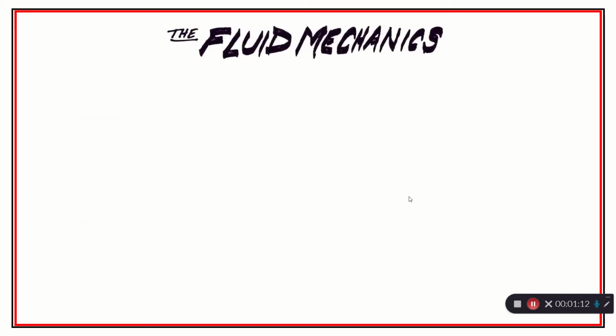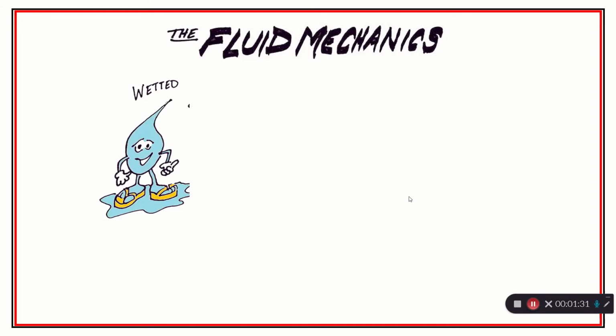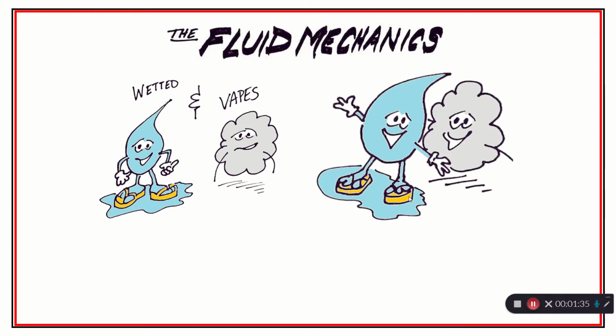So here's the introduction. I taught this class at the Coast Guard Academy, I think about 4 times, and one of my fellow instructors encouraged me to take some of the doodling that I was doing and use it for some purpose. So I created a cartoon character, Wetted, and his buddy Vapes for fluid mechanics, and they are the fluid mechanics.